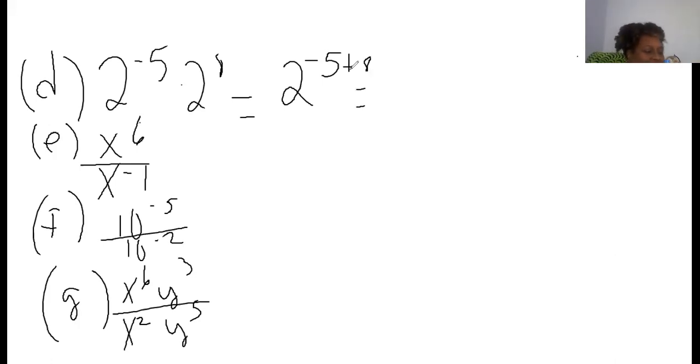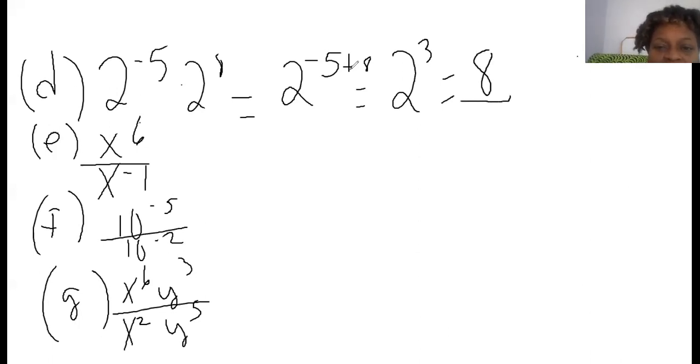And so what do I realize I will get out of that? 2 to the third power, which is 2 times 2 times 2, which gives me the value of 8. Final answer. So here with that negative exponent, we just simply applied the product rule by putting it all together.